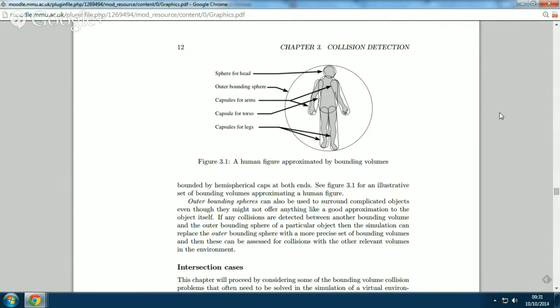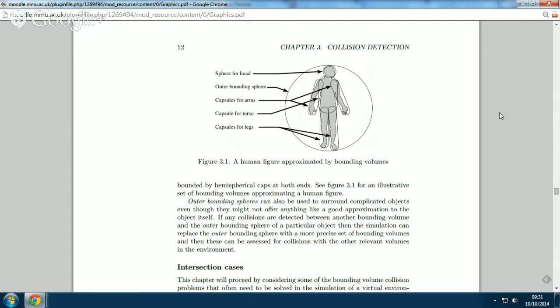So we saw the gorilla before approximated by two spheres. Perhaps this figure here shows a more detailed level of how you might depict, well, I've said human there, but it could be any ape. We are apes after all. So you'd use a capsule for the torso, 4 capsules for the arms and legs, and a sphere for the head.